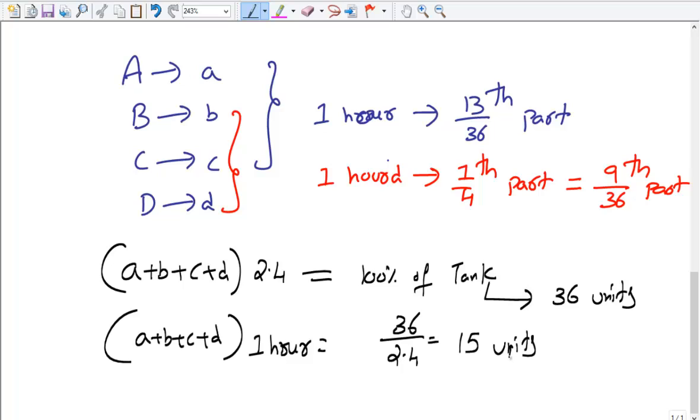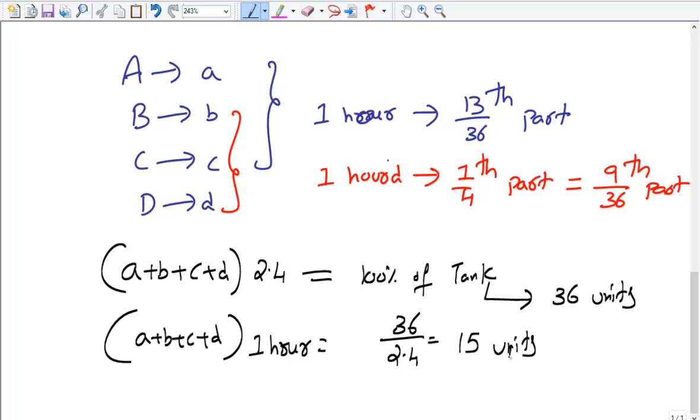Now, if you take that the total capacity of the tank is 36 units, then we can directly say that together they fill 15 parts in 1 hour, and ABC together they fill up to 13 parts, BCD operating they fill up to 9 parts.